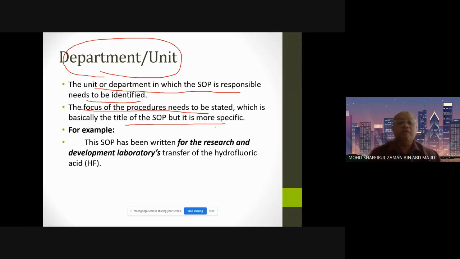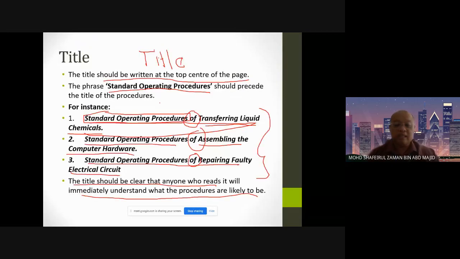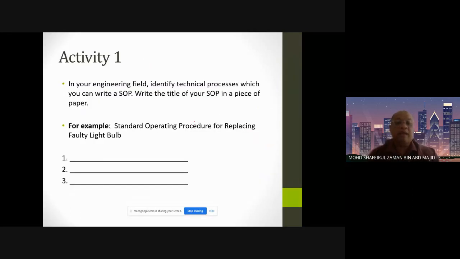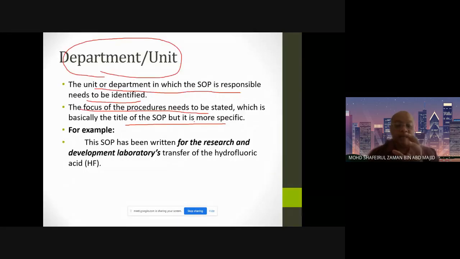So the focus of the procedures. What are the procedures? So in the previous context, number one, for example, transferring liquid chemical. That is the procedure. So you need to highlight it. But the title should be more specific. Standard operating procedure of transferring liquid metal, for example.